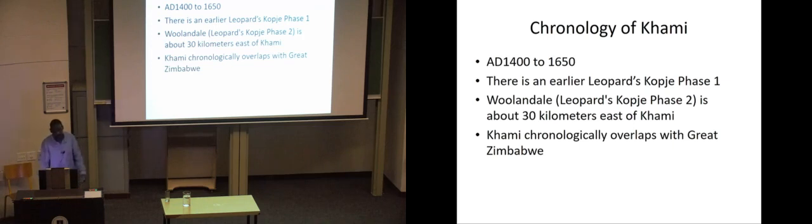However, if we are to think in stratigraphic terms, there is an earlier phase at Khami, what I described the other day as Mambo, and then not at Khami itself, but somewhere closer to Bulawayo town, there is a farm known as Woolandale. So phase 2 is also known from the same area.